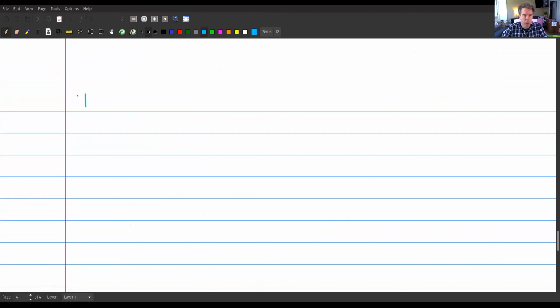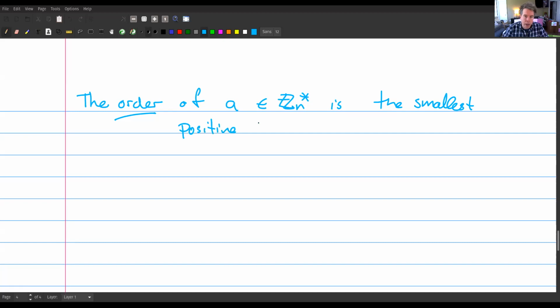Here's a definition. The order of a in Zn star is the smallest positive integer k such that a to the k is congruent to 1 mod n.